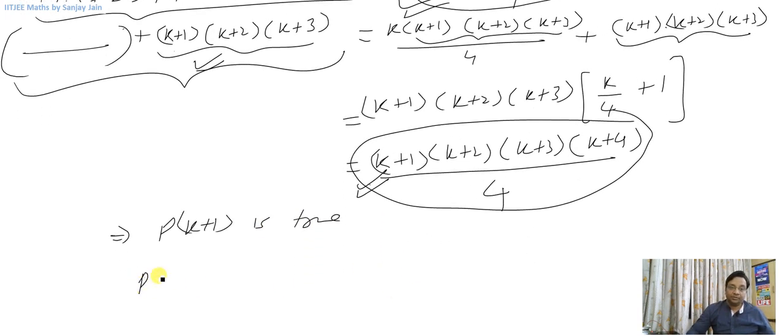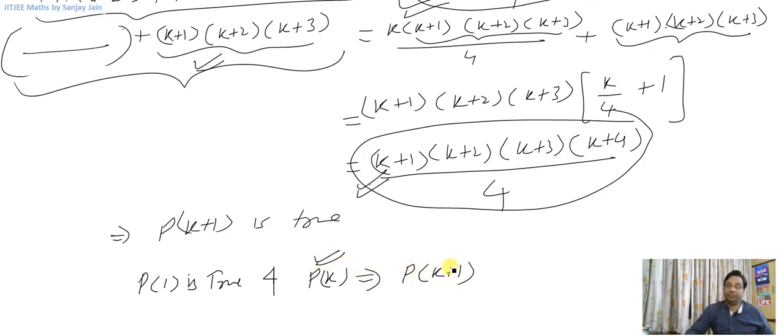So P of 1 is true, and the truth of P of k implies that P of k plus 1 is also true. Hence, by principle of mathematical induction, P of n is true. Okay.